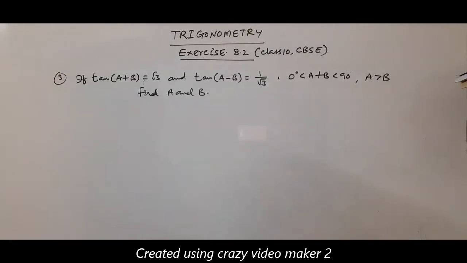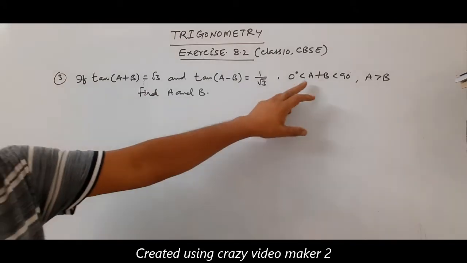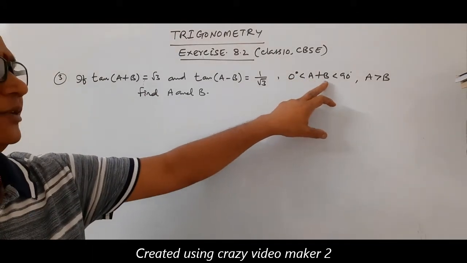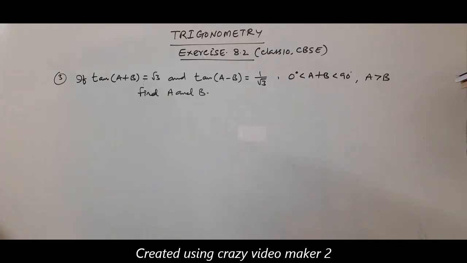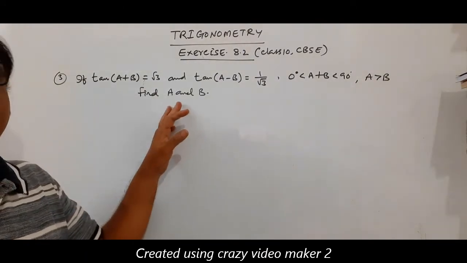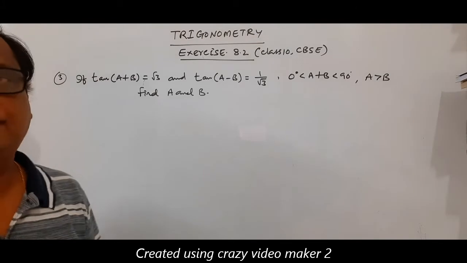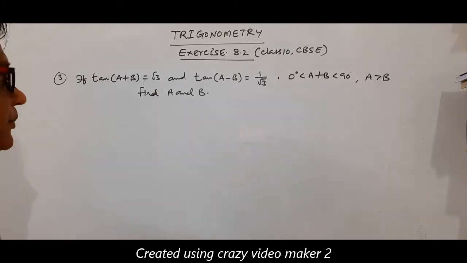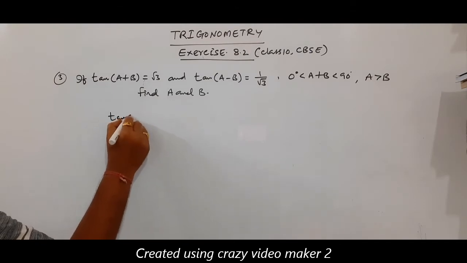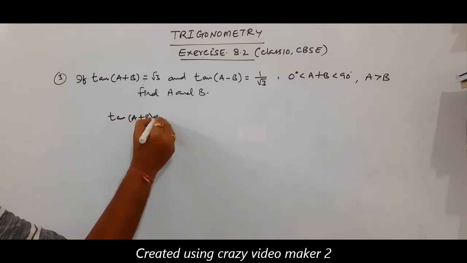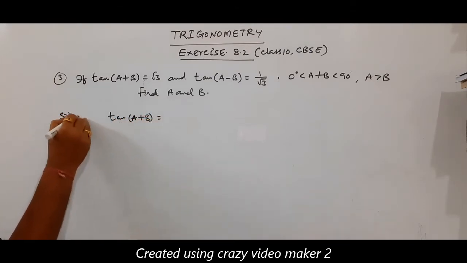In this question, if tan a plus b equal to root 3 and tan a minus b equal to 1 by root 3, they are given one condition: 0 less than a plus b less than 90 and a greater than b. So find a and b. Here first you conclude like this, the solution.